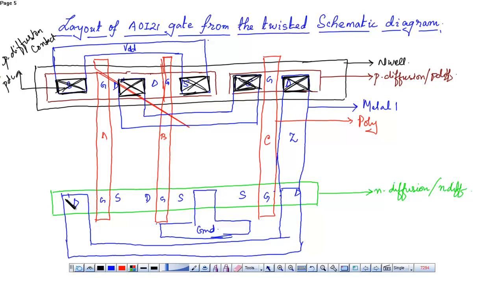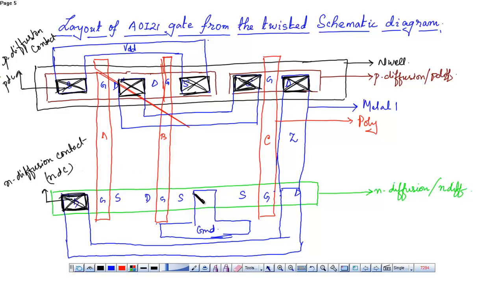Then you have the N diffusion contact. This is the N diffusion contact, or the NDC contact.